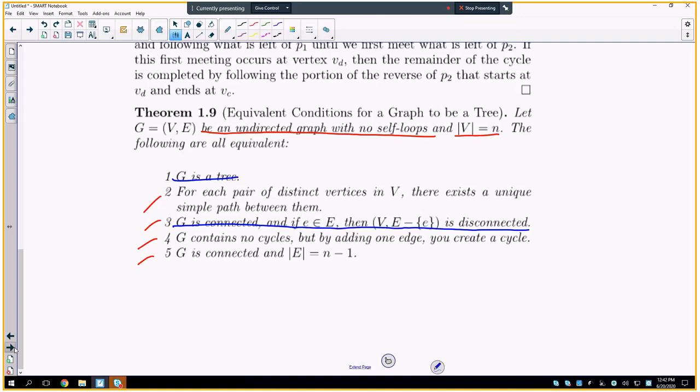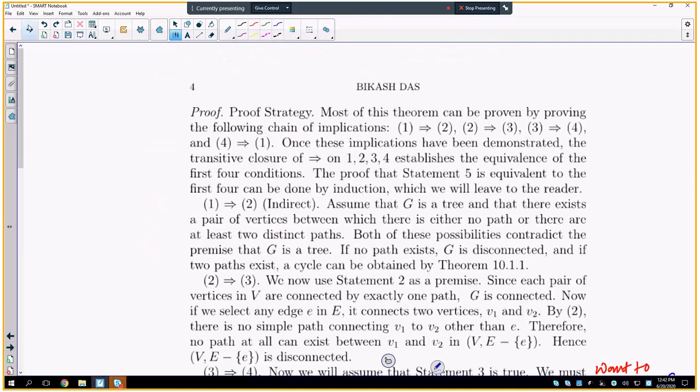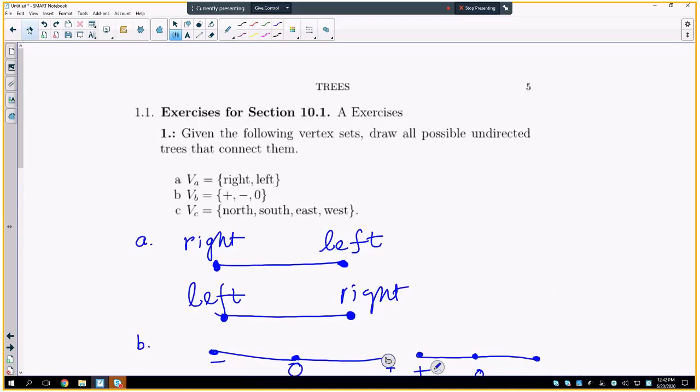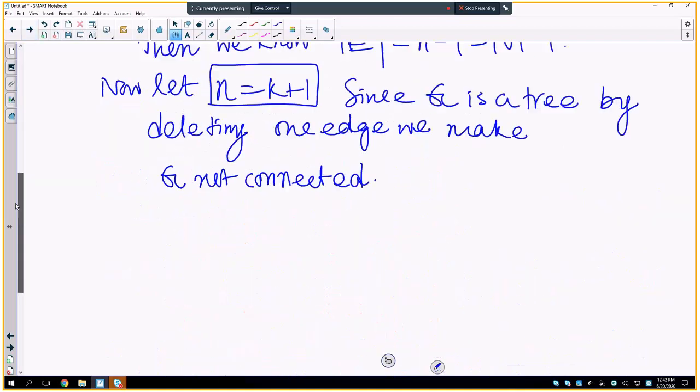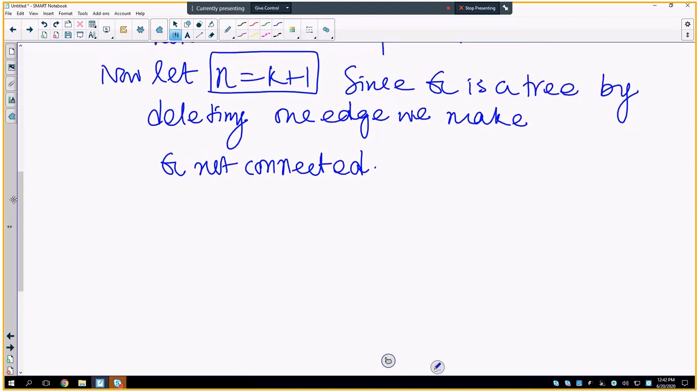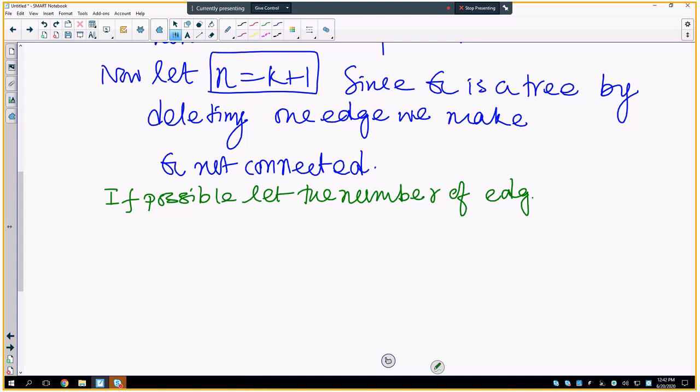So what we have now is a situation where we have a graph which is a tree and it has k plus 1 vertices. So I'm going to say, if possible, let the number of edges be something else.